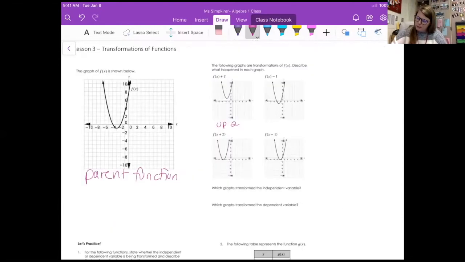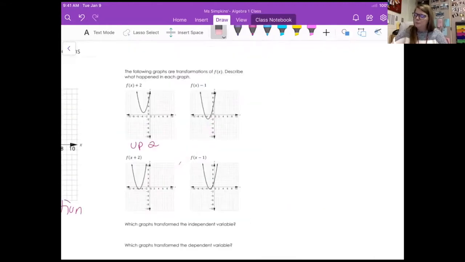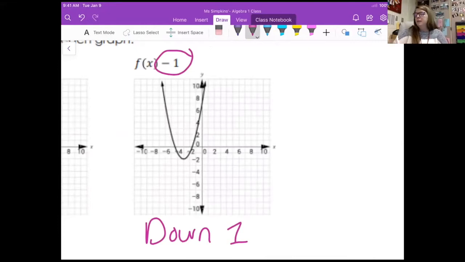So if we look at where the vertex is here and where the vertex is in the second graph, that might be helpful. Nobody knows what direction it goes from the parent to this graph? Yeah, Amelia. Down 1. And we can tell that from the expression because it says -1, okay?